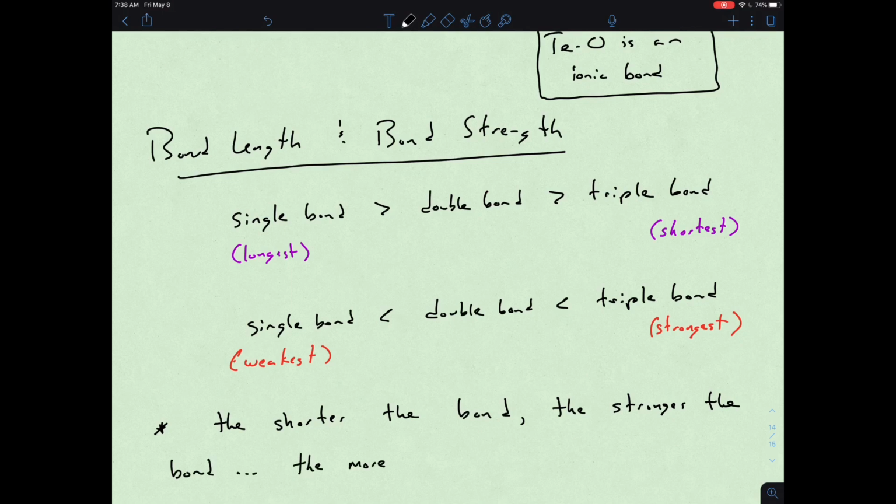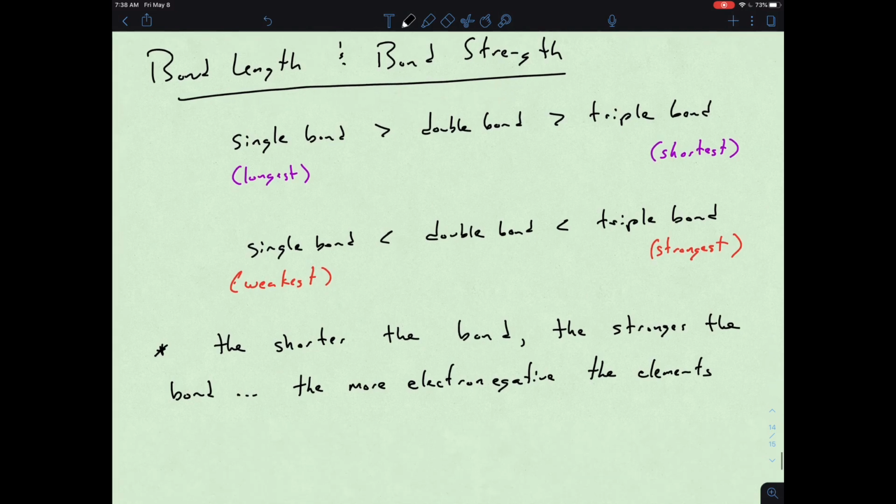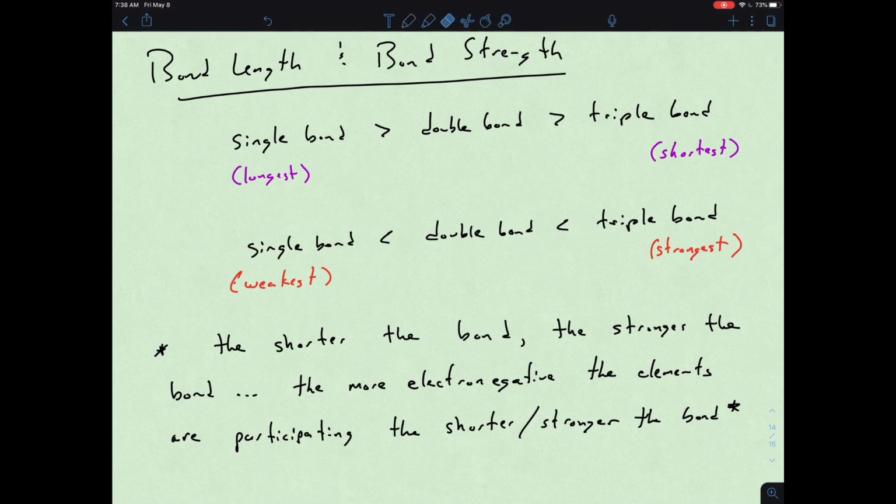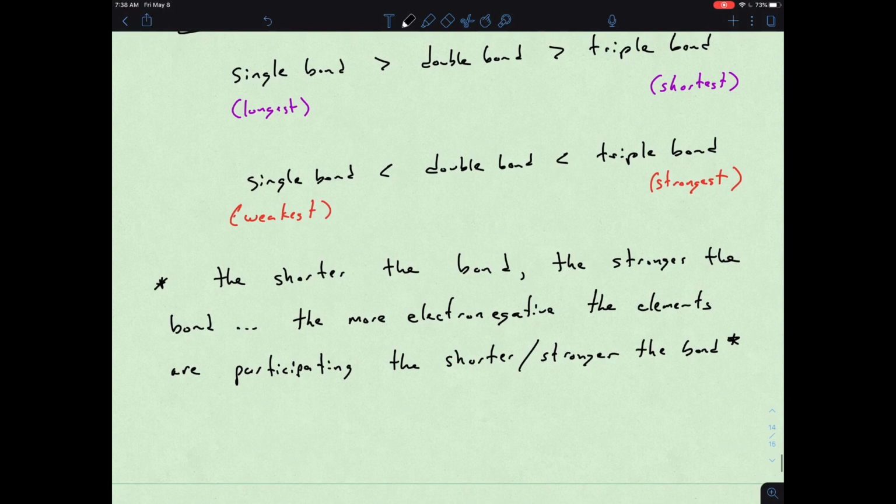The more electronegative the elements participating, the shorter and stronger the bond. So we have that electronegativity kind of at work there.